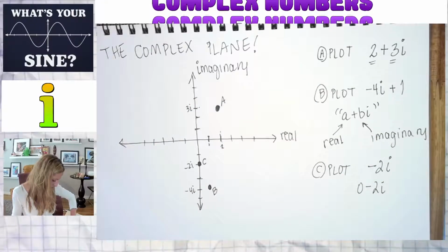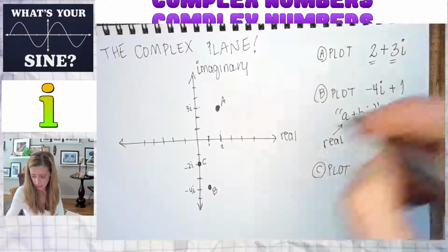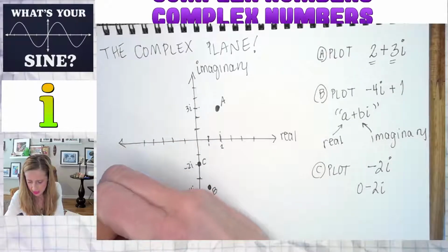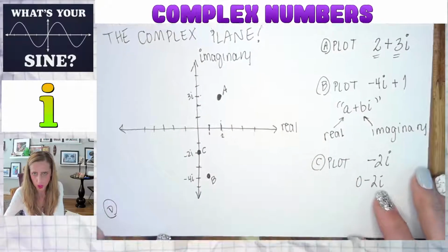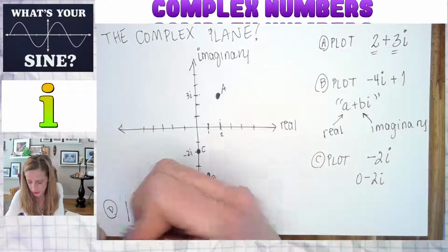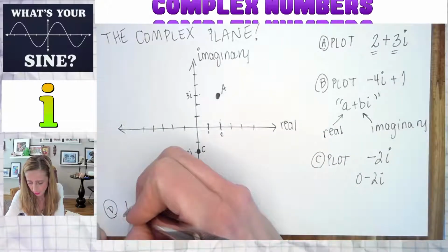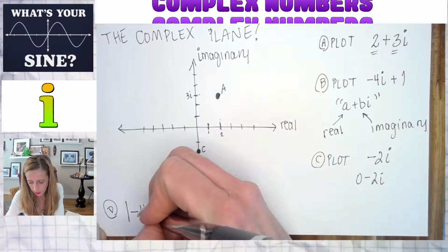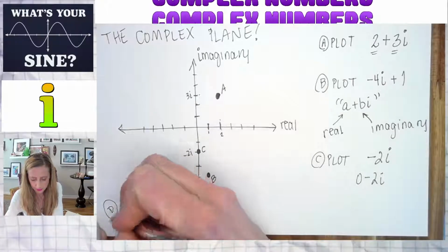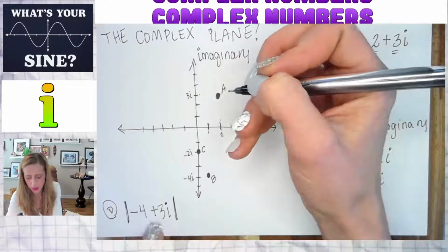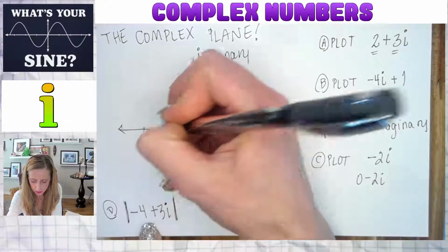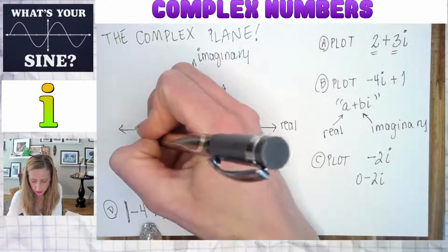And the other thing that they could ask you to find here is something like D down over here. I'll make it its own little special part. And that is the absolute value of, let's say, negative 4 plus 3i. Absolute value. Now, while I plot the number first, what does absolute value mean? There's negative 4.